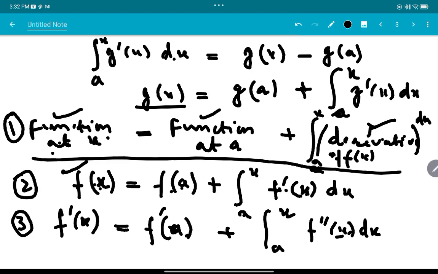Now, first let's substitute f dash x in equation second from equation third.